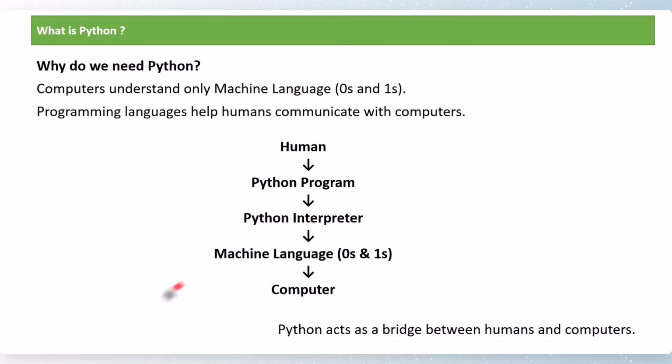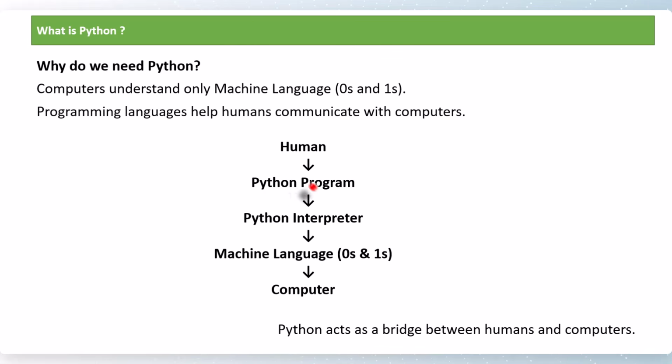Why do we need Python? In general, the computers understand only the machine language, zeros and ones. The programming languages help humans to communicate with computers. Here, the human is going to write a program, in this case, the Python program.